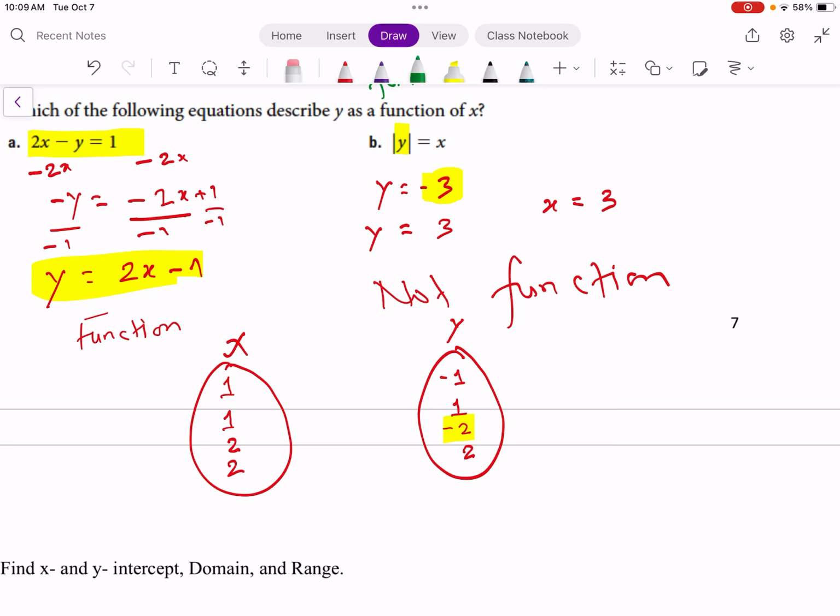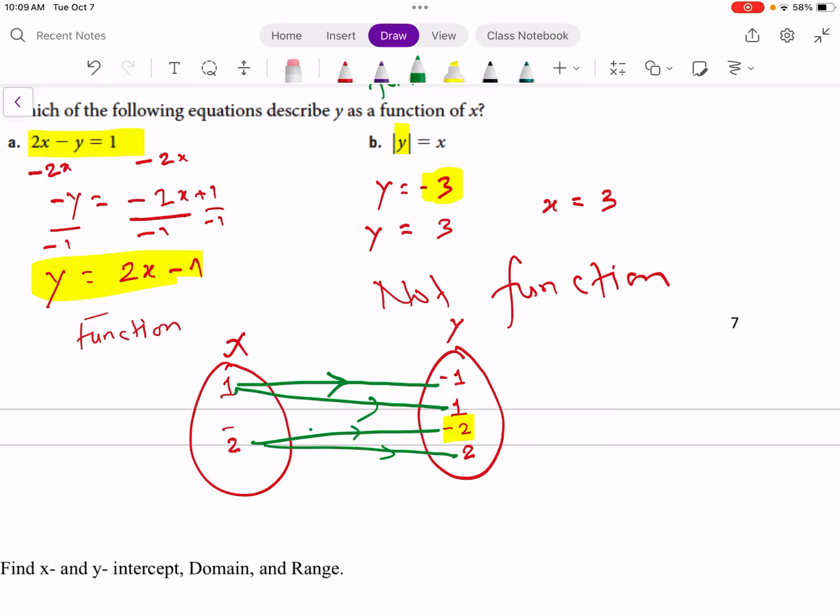Now here, our x has 1. Since we do not repeat, let me get rid of this one. Now in this mapping diagram, one value of x has more than one value of y.